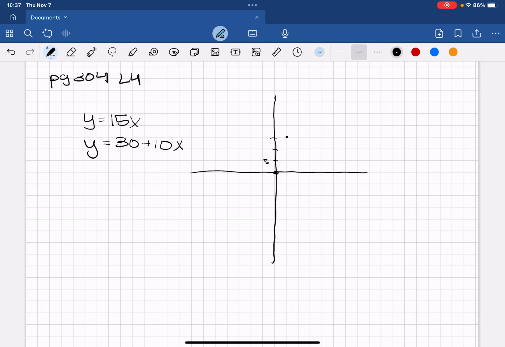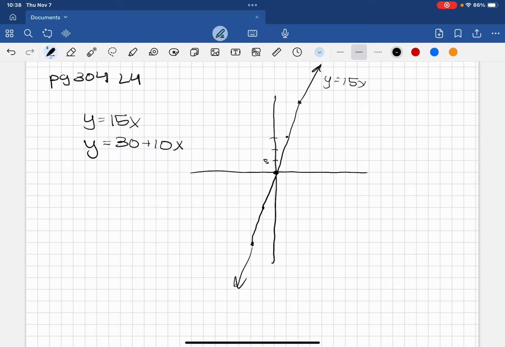We're going up 15 and over 1, and we're going to have a graph that looks something like this. It's very messy, but you get the point, like we were doing with the slope-intercept form worksheets. So that is our first equation, y equals 15x.